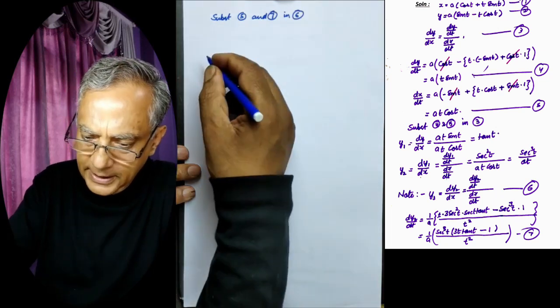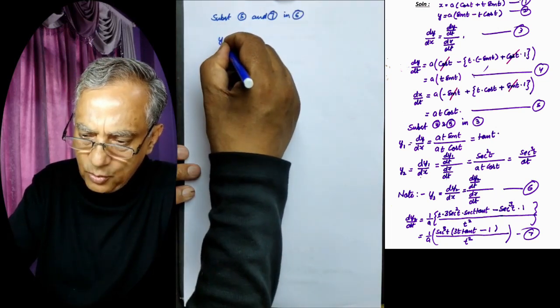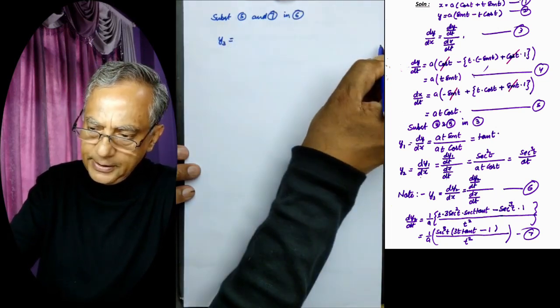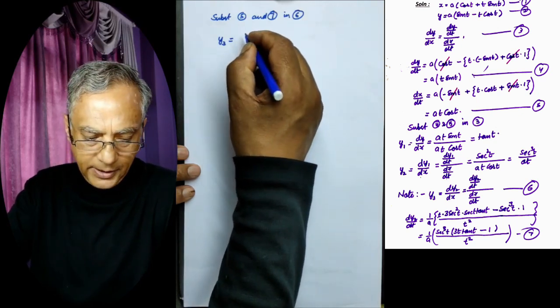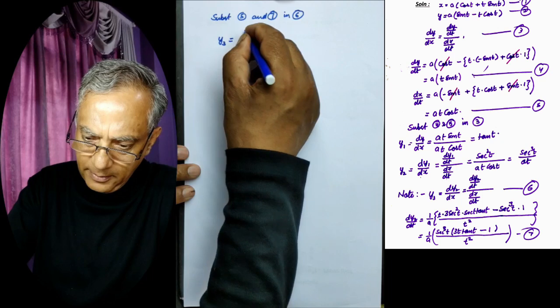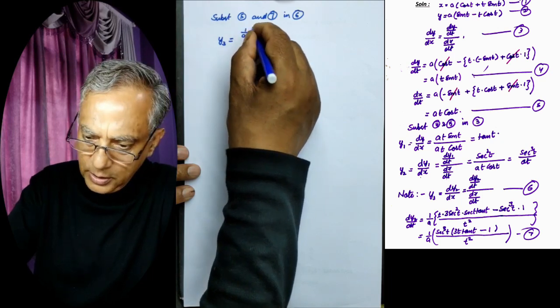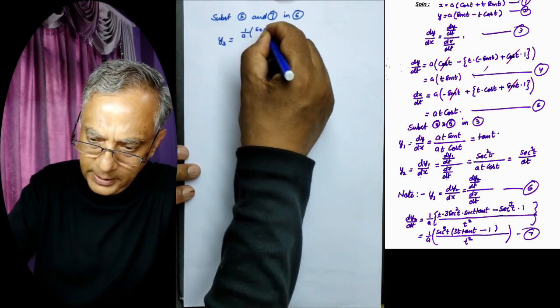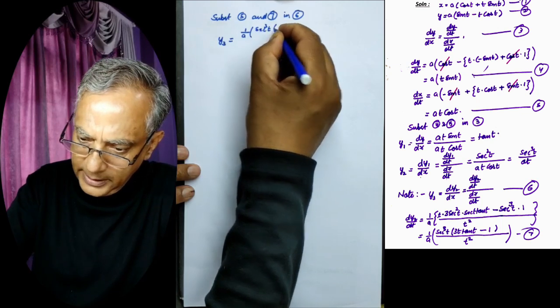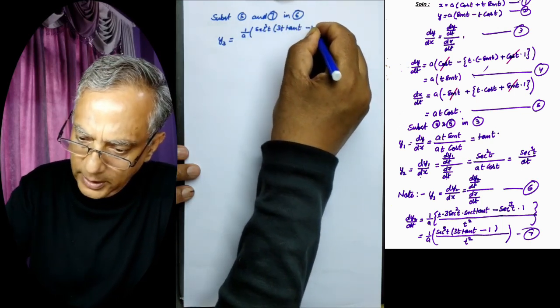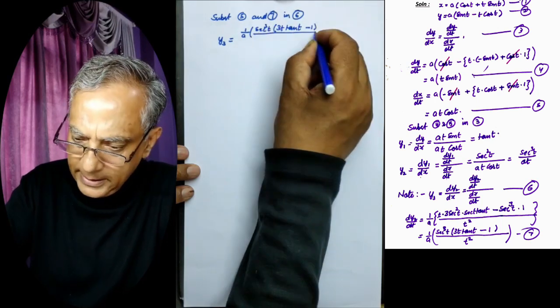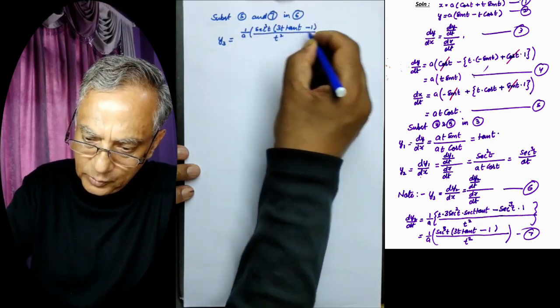Substituting 5 and 7 and 6, what we get is y3. You can see the side sheet. y3 will be dy2 by dx. dy2 by dx is 1 by a into secant cube t whole into 3t tangent t minus 1 whole divided by t square.